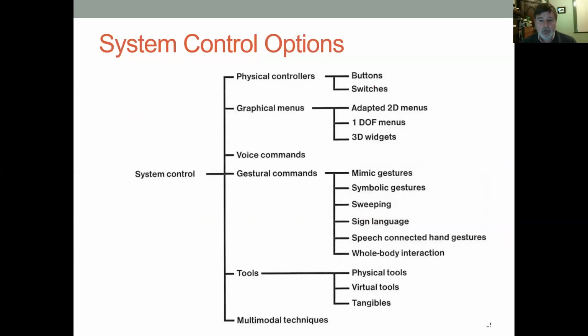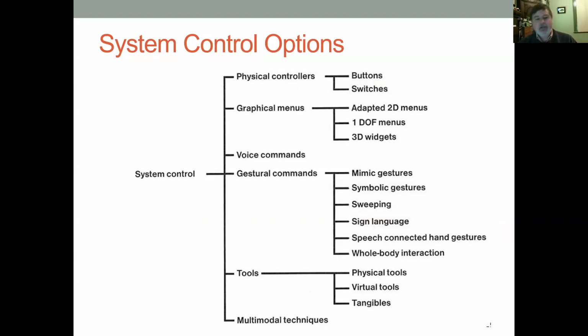So once again, we have a lot of options. We have physical controls, the things that you put in your hand. We have graphical menus, which can be used over top of it. Voice, gestures. We can build more complicated tools to help you do this. And then obviously multimodal, and you don't have to do only one.